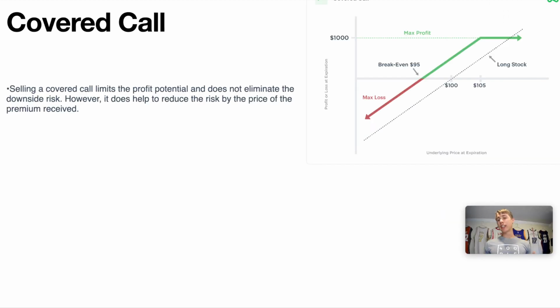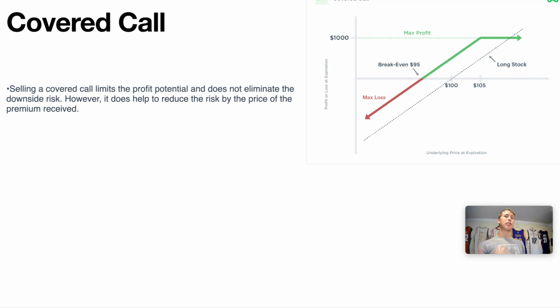So selling covered calls does a couple of things. First, this limits the profit potential, and it doesn't eliminate the downside risk. Because if you have the asset and the asset goes to zero, you lose all your money. However, it does reduce the risk by the price of the premium received.